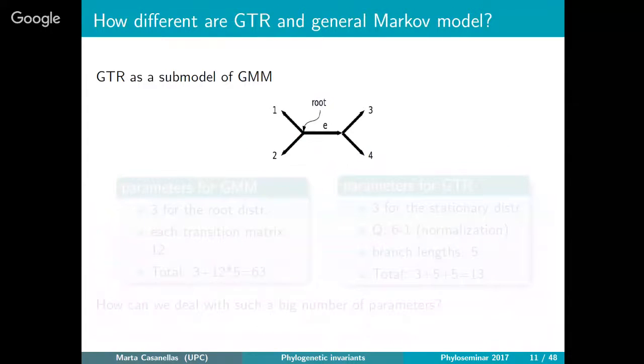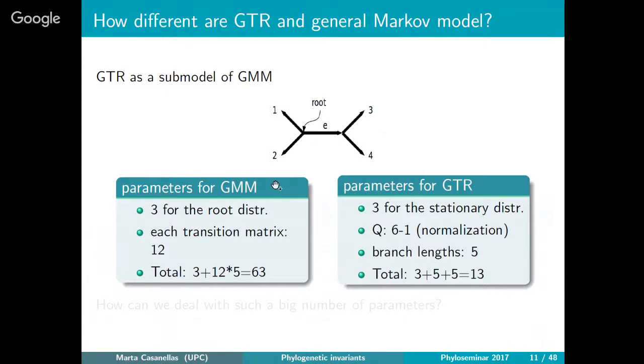So for example, what's the difference between the general Markov model and GTR? If we consider this tree, we place the root here, then the number of parameters for the general Markov model will be 3 parameters for the root distribution. For each transition matrix, we have 12 parameters. As we have 5 transition matrices here, we have a total of 63 parameters. Whereas for the GTR, we have 3 for the stationary distribution.